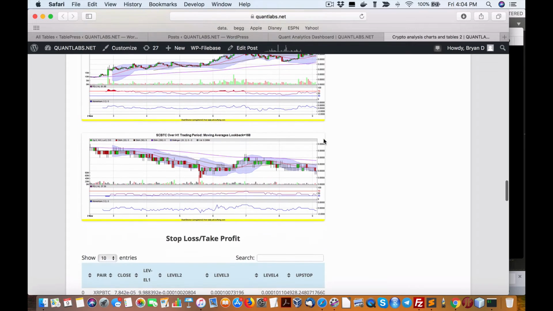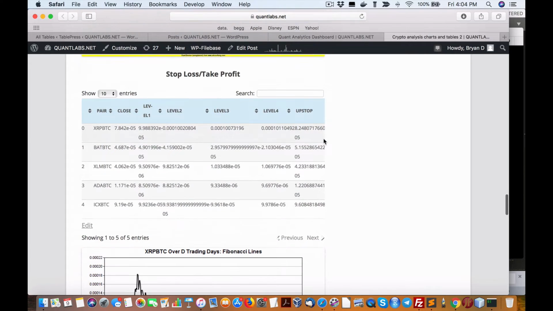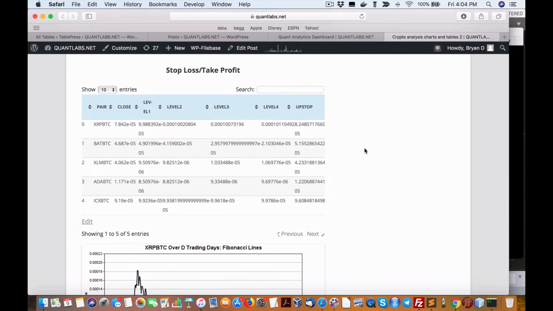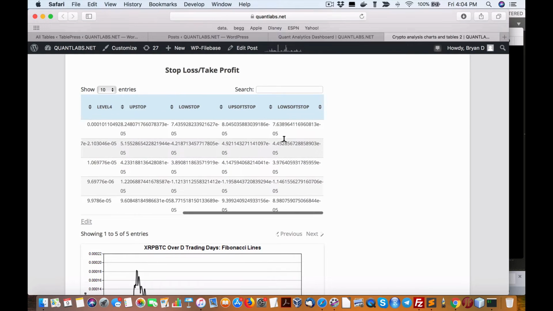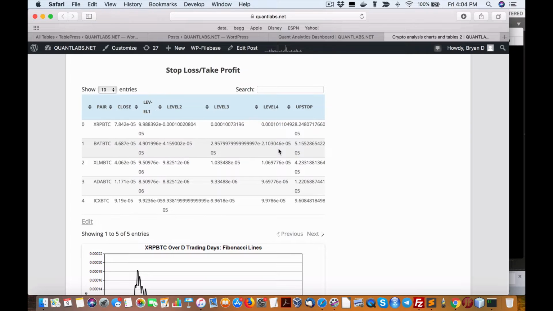Now, here's something else I know is very popular among people, stop loss and take profit. So I've got here a chart that is part of, if there was a position that my system would take on, it would use these pairs that look good in this world of crypto. Here's the closing price.